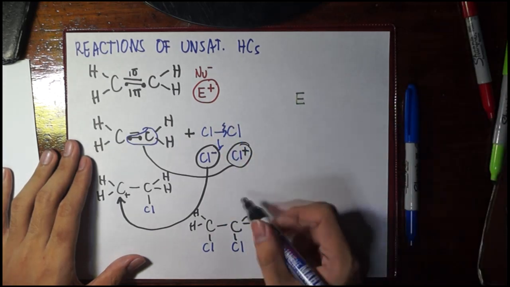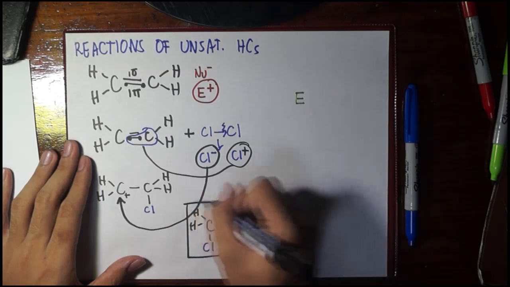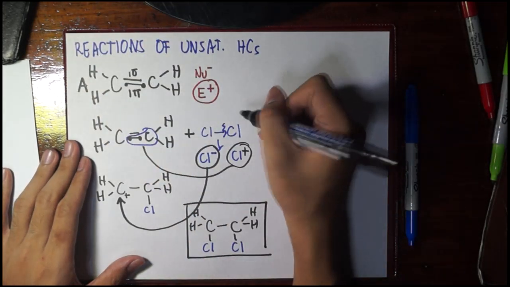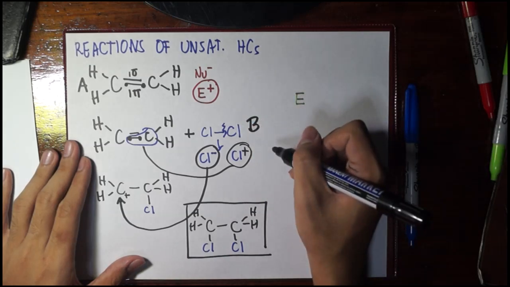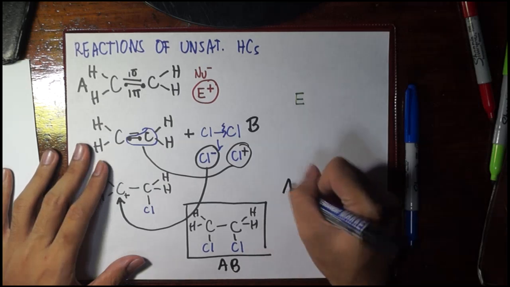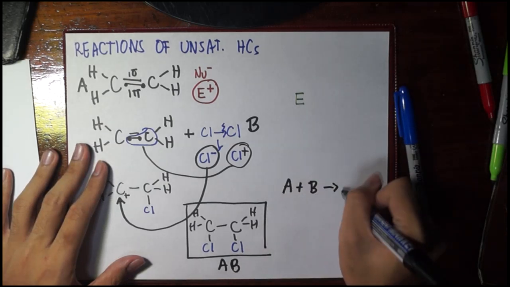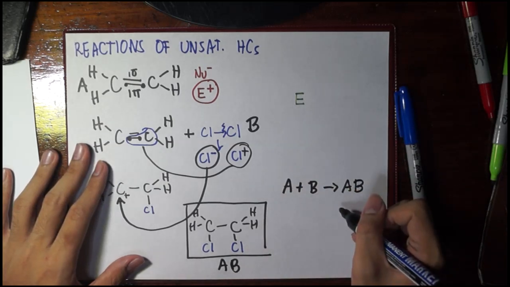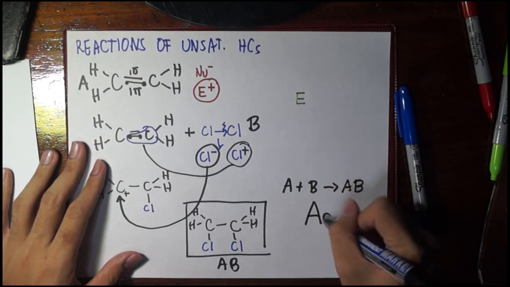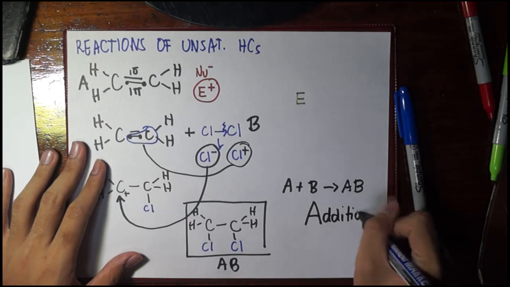And so look at this, you only have one product. This is the first reactant, let's designate that as A. This is the second reactant, or the reagent, B, and then you just combine A and B together. So again, what is A plus B yielding AB? It's not elimination, it's not substitution, and of course this is addition. You just added them together.